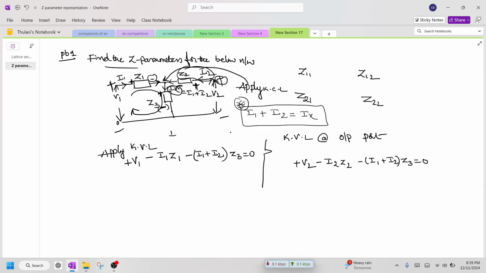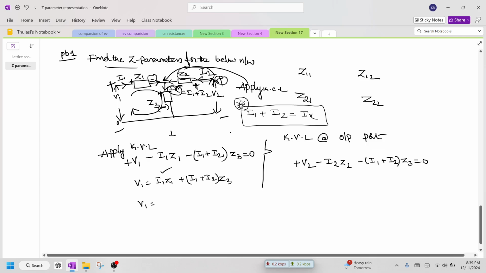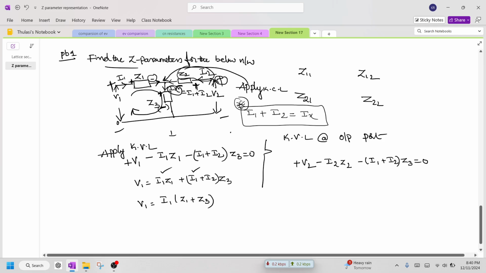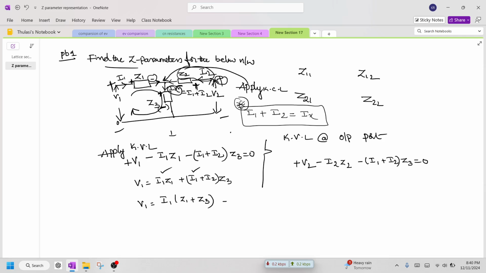Now let's segregate in the standard format. V1 is equal to I1 Z1 plus (I1 plus I2) into Z3. Taking I1 common, this is (Z1 plus Z3) I1, plus I2 Z3.